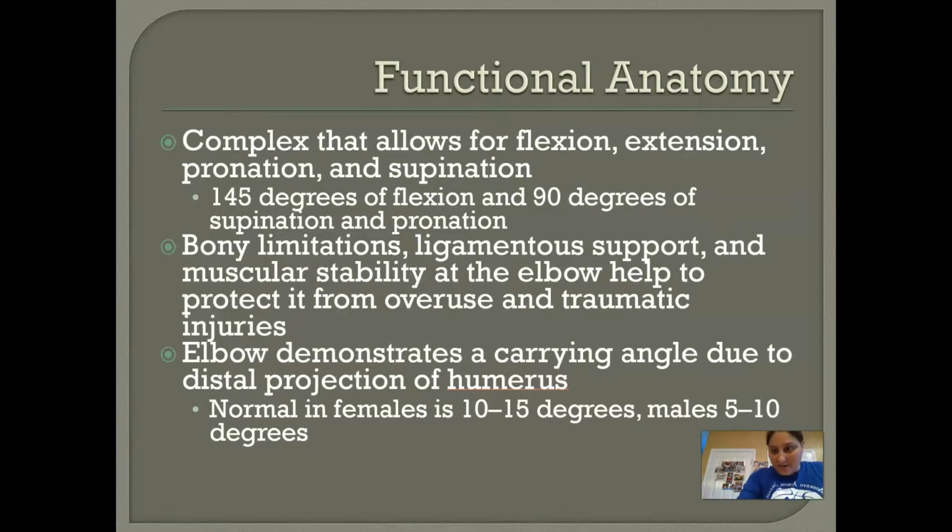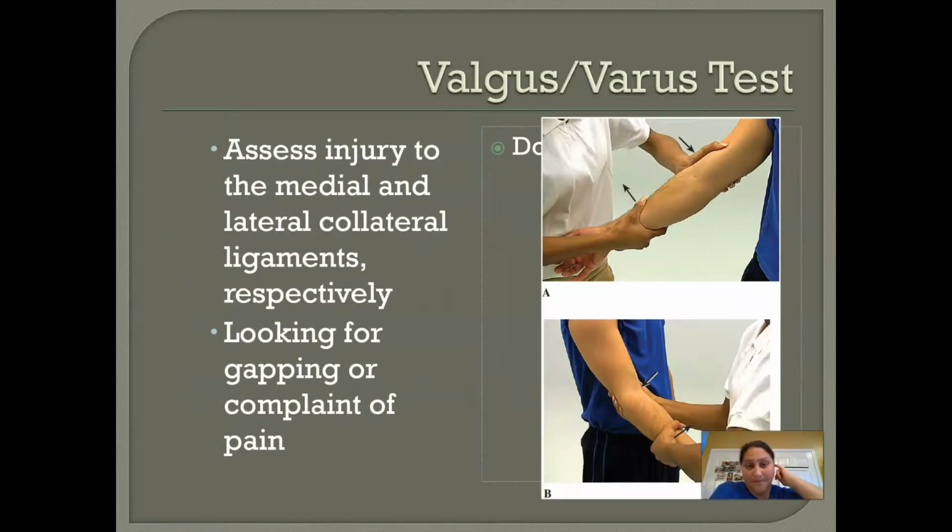So with that carrying angle, and I think I have a picture coming up, if they're in anatomical position, I'm not tall enough, and it's going out in line, there's a little bit of an angle. So this is what we're calling our carrying angle. So females have a larger carrying angle than males, and that's just our anatomical structure.